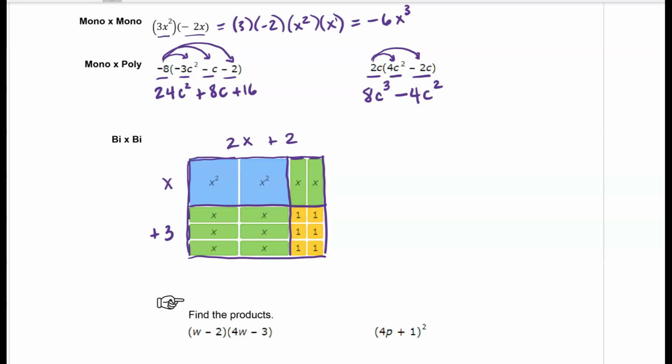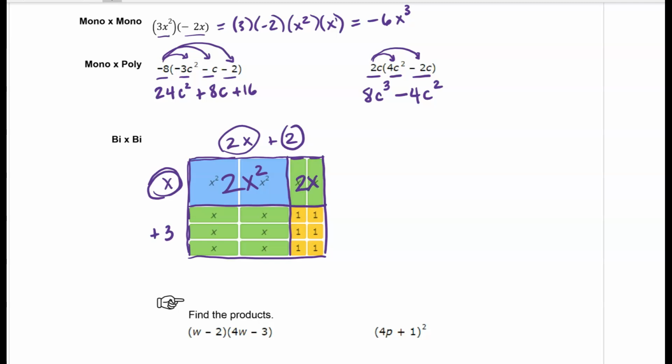Now notice if I multiply the 2x times the x, then that gives me the 2x squares that I have right here. Instead of drawing the picture of the x squares, I'm just going to multiply 2x times x and write the symbols, 2x squared. If I multiply 2 times x, then that goes in this box over here.